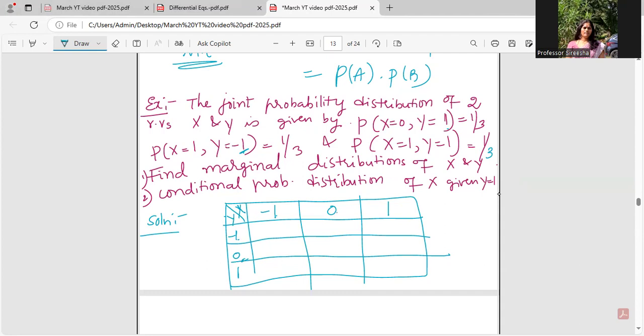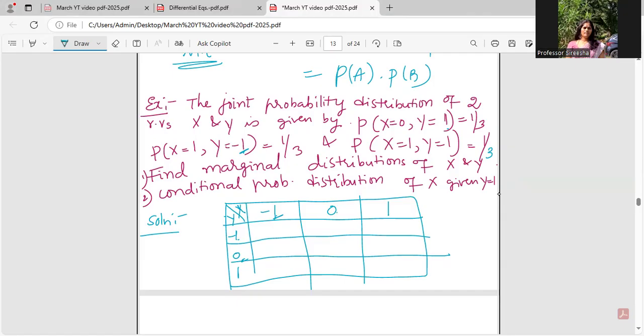So to maintain that uniformity in the joint probability distribution table, I'll be using all the values that x and y both are taking. Y is taking only -1, but I've written it for x as well. X is taking 0, I've written it for y as well. So it is -1, 0 and 1 for x, and -1, 0 and 1 for y.